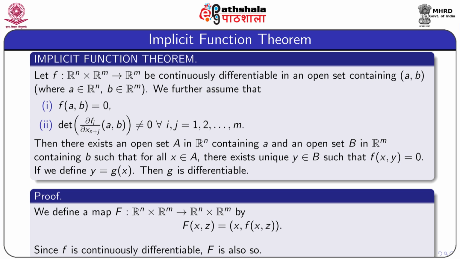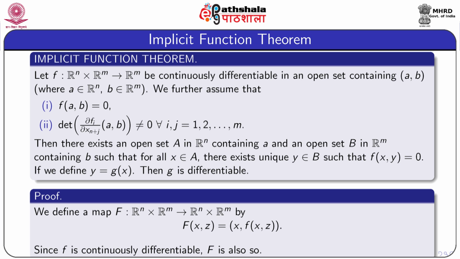The statement is as follows: let f from Rn cross Rm to Rm be continuously differentiable in an open set containing a point (A, B). Here A is from Rn and B is from Rm. We further assume that first, f vanishes at the point (A, B). Secondly, the determinant of del f i by del x n plus j at (A, B) is non-zero for all i and j running from 1 to m.